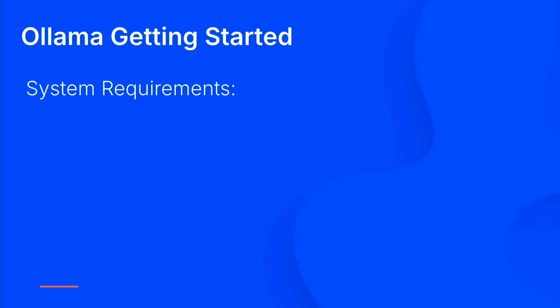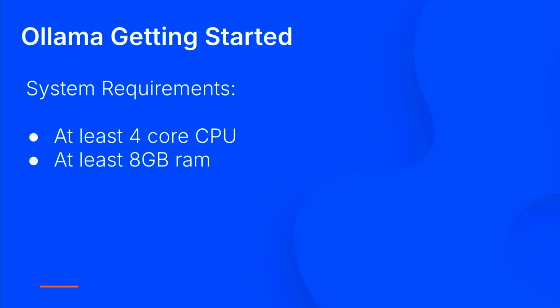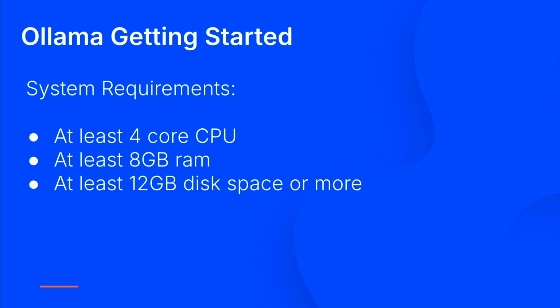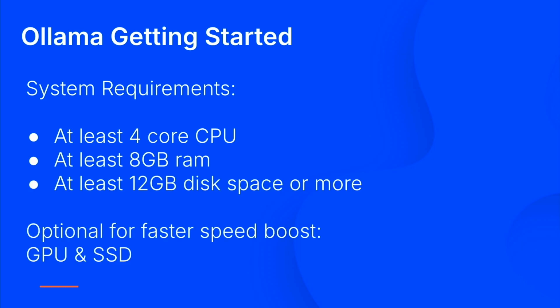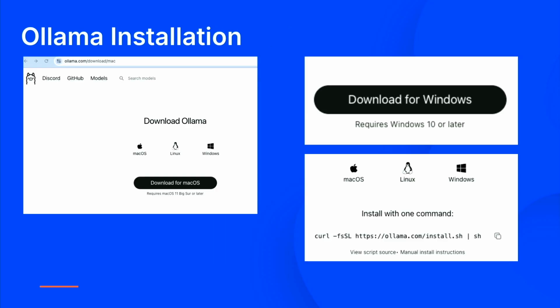And to be able to install Ollama, at least you're going to need a 4-core CPU, 8 gigs of RAM, and some disk space, and an optional GPU and SSD for faster responses. So if you're going to install Ollama, you can go to ollama.com and download.